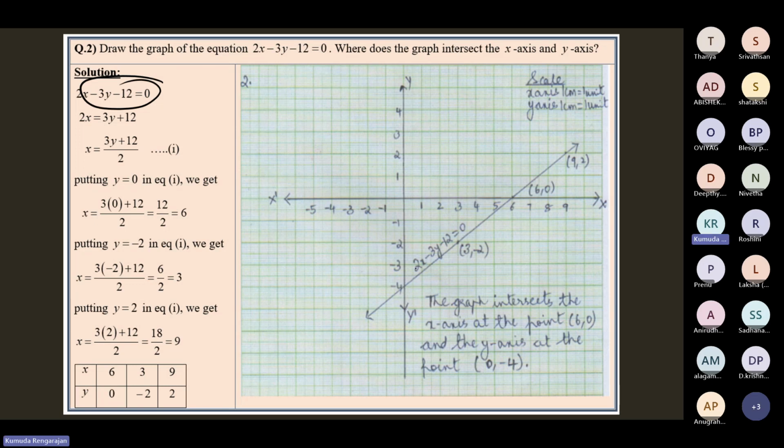Now, you can see that this straight line cuts the y-axis at this point and the x-axis at this point. That's also a question: where does the graph intersect the x-axis and y-axis?